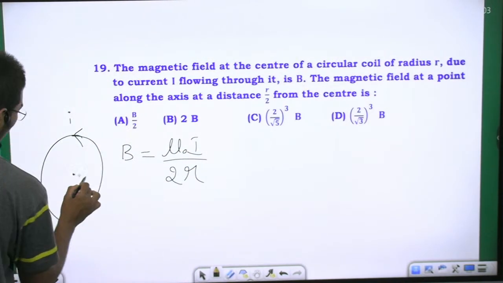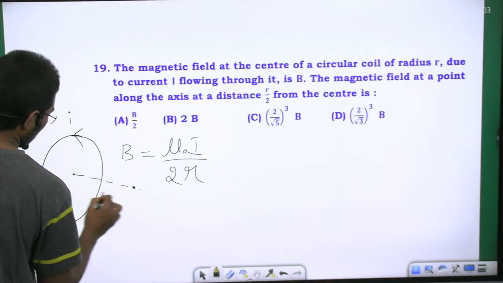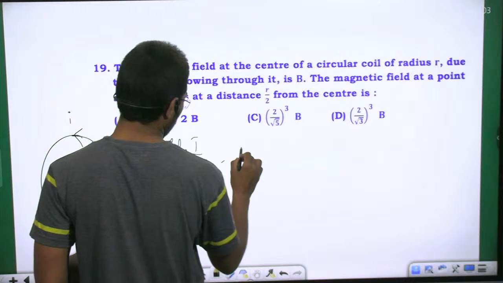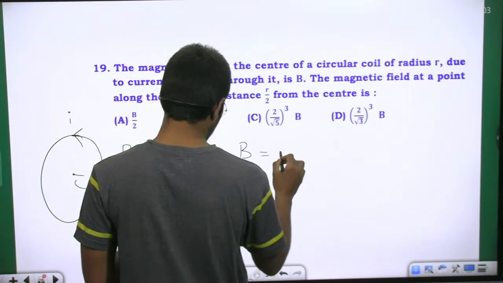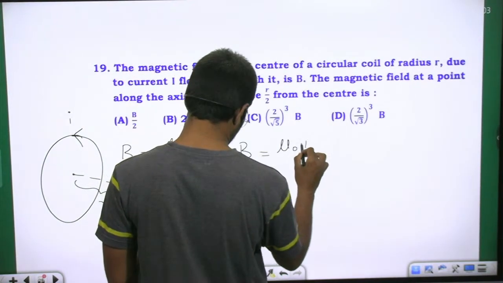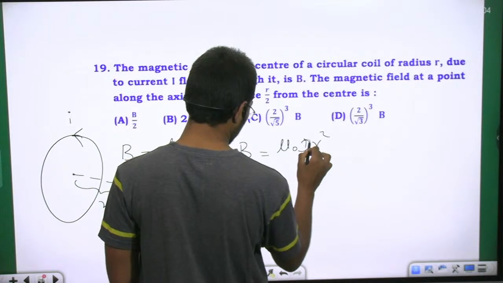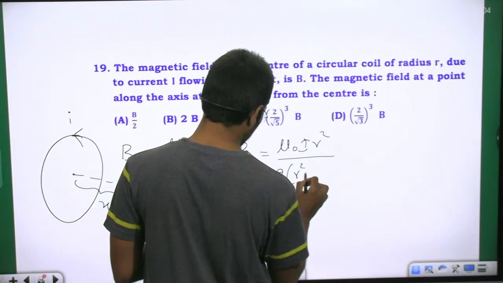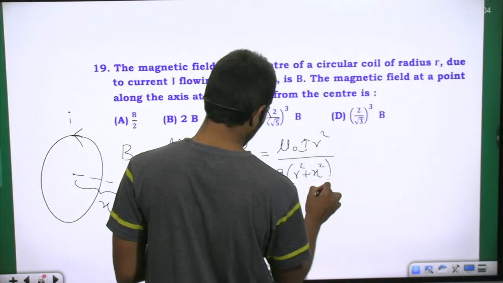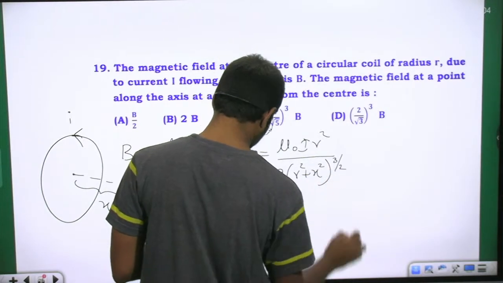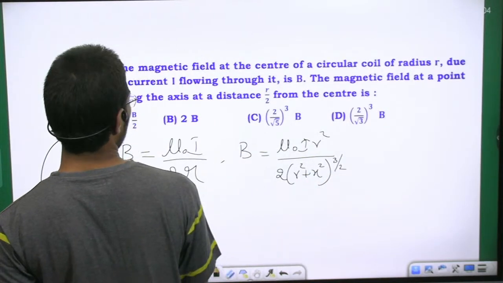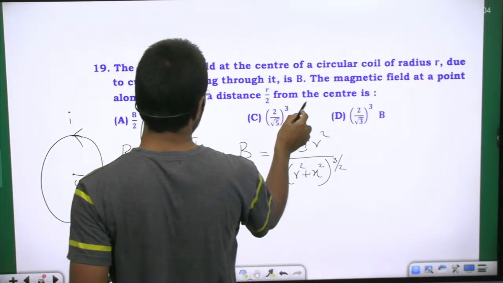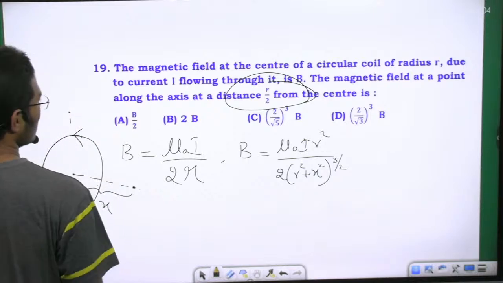If you want to find it along the axis at a distance x, we have the direct standard formula: B is equal to mu naught I R square by 2 into R square plus x square whole power 3 by 2. So what is this x? At a distance of R by 2 from the center. So replace x by R by 2.